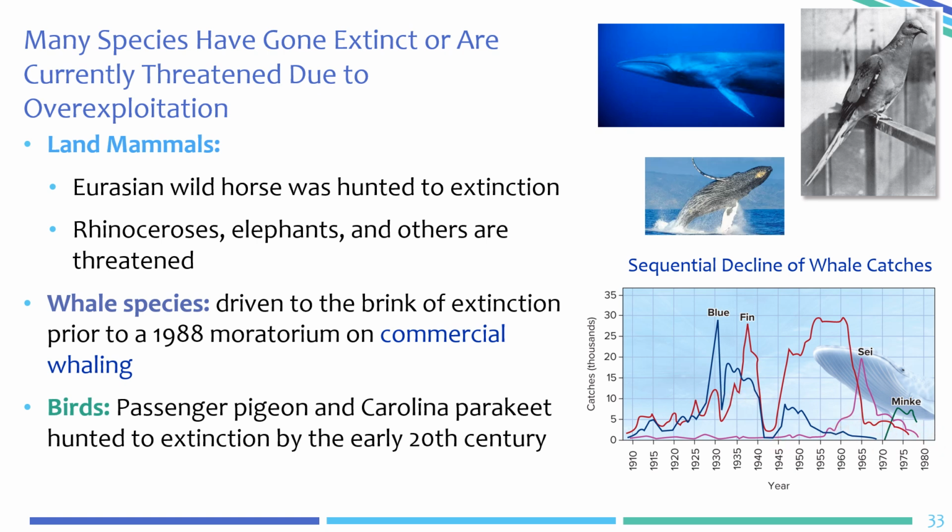And then in 1988, there was a moratorium, which is essentially a stop on whaling, and many of the species have recovered, although not to prior levels. Passenger pigeon and Carolina parakeet are two other examples of organisms that were driven to extinction by human overexploitation.